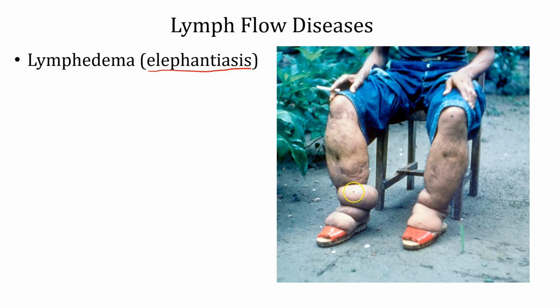If you're looking at pictures of severe lymphedema and it doesn't pull on your compassion, it's just really, really sad to look at these types of images and think about the suffering that some people are going through with this condition.